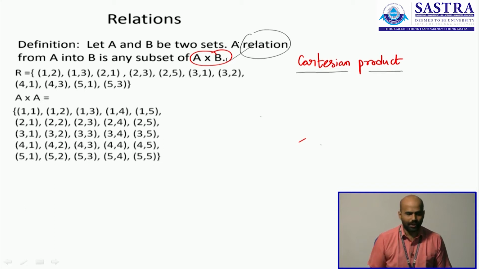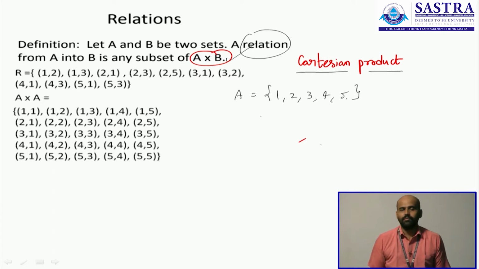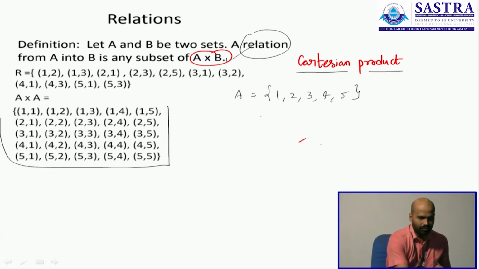To give you a small example, let's consider a set A which has 5 elements, 1 to 5. Now if we list all ordered pairs possible on this set A, the result is what you see on your screen here.